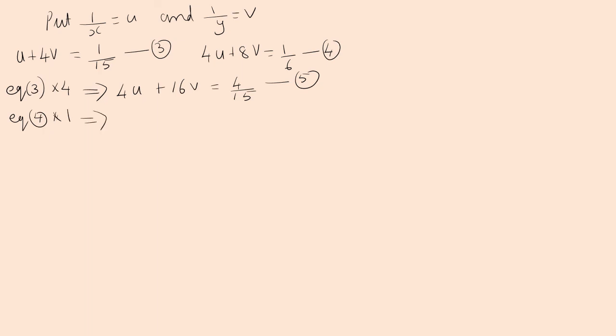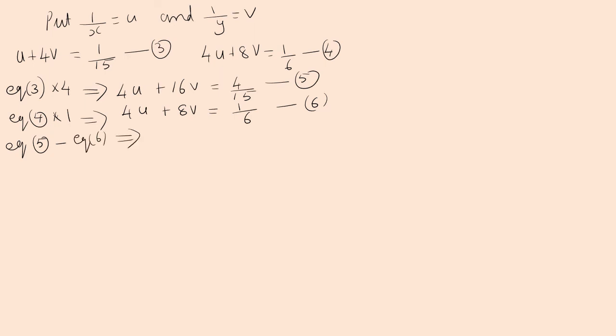So you are getting the equation as 4u plus 8v equal to 1 by 6. Number the equation as 6. To eliminate u, you have to do the subtraction, that is equation 5 minus equation 6.